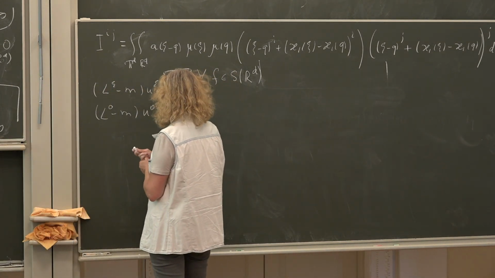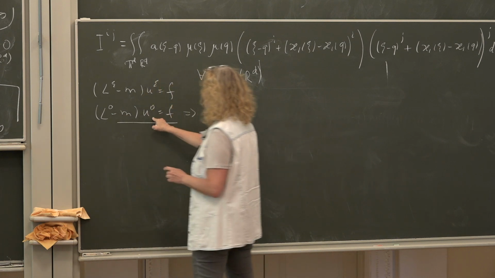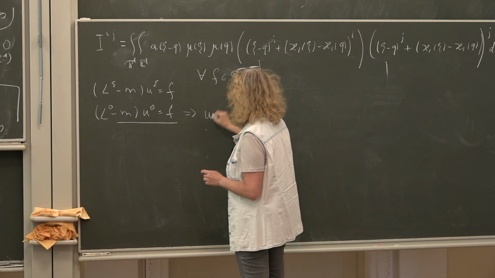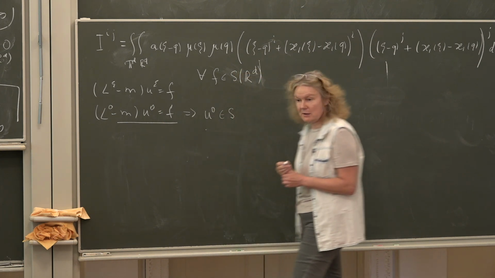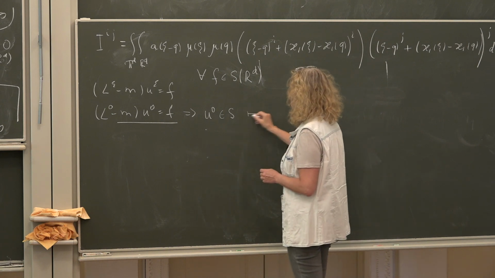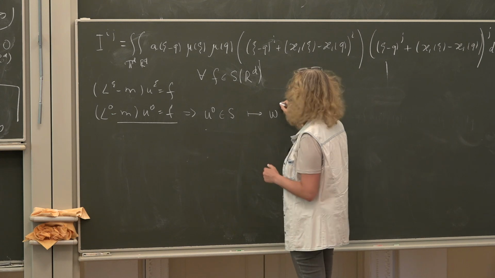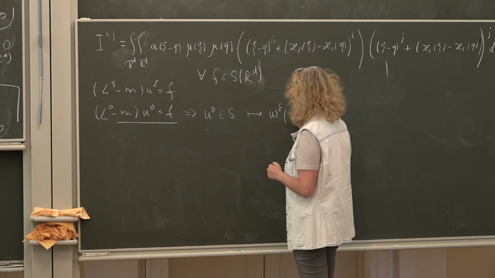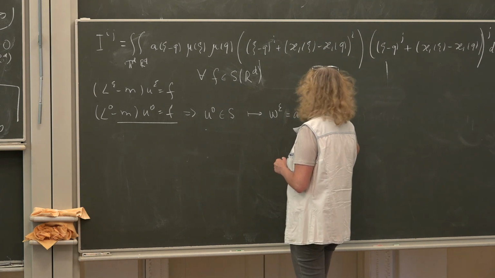Just a second. From this equation, we can write that our function u0 is also from the Schwarz space. Using this function u0, we can construct the corresponding ansatz, the ansatz for the function u0.